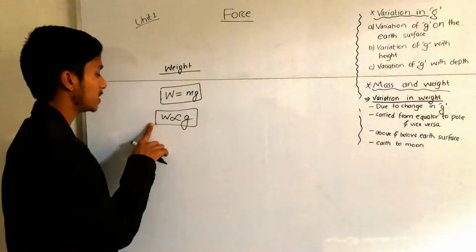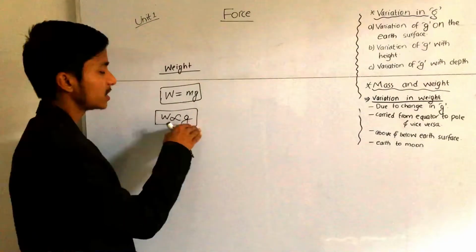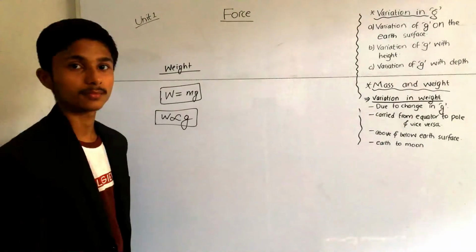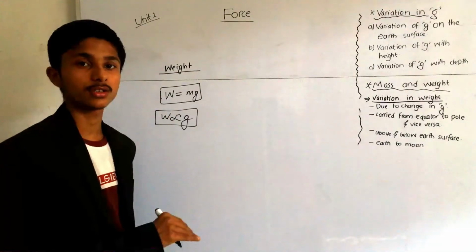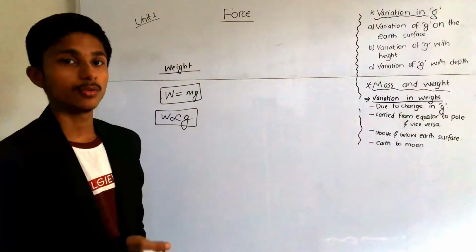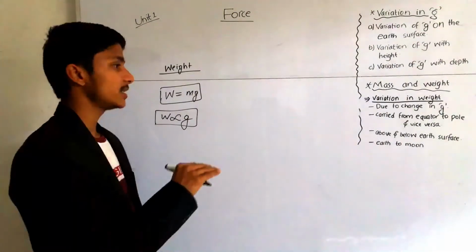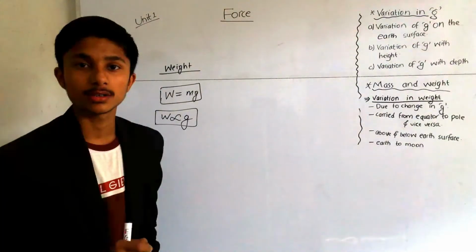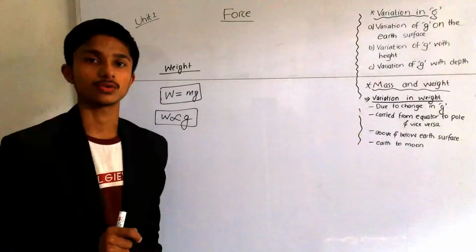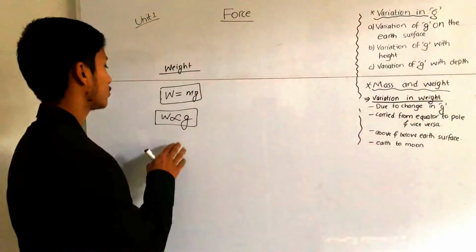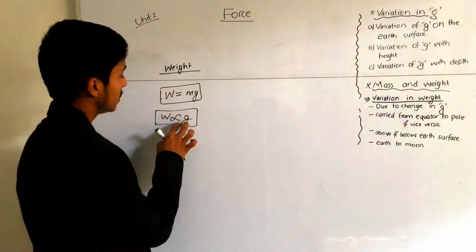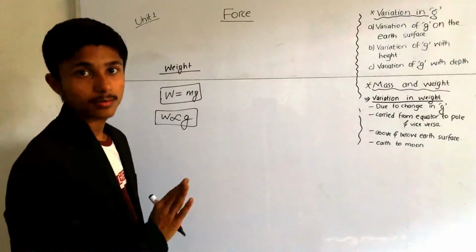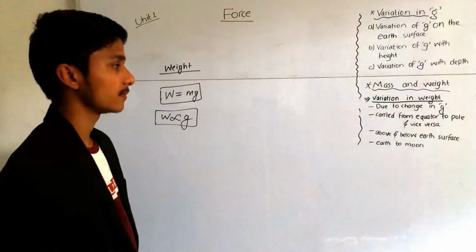It means weight changes due to the change in acceleration due to gravity. So we can conclude here, weight is directly proportional to the value of acceleration due to gravity.